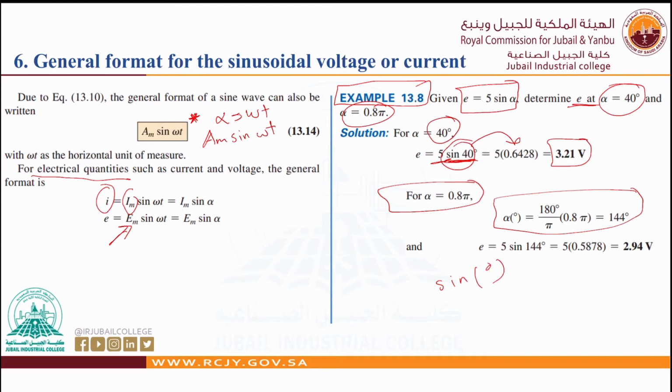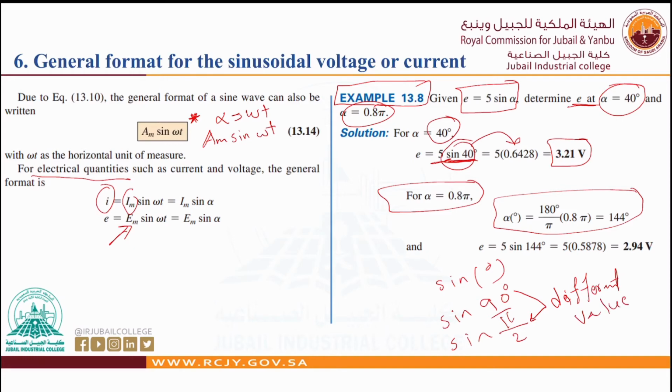Because if you use sine, let us say sine 90, or I use sine pi over 2, they are having different values.